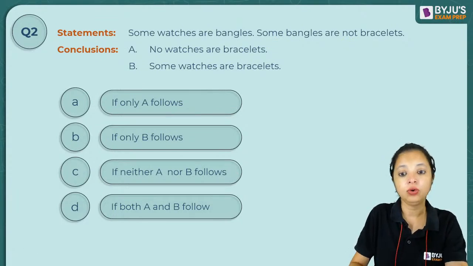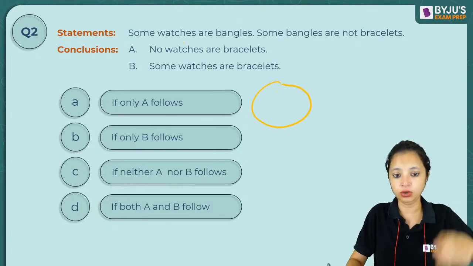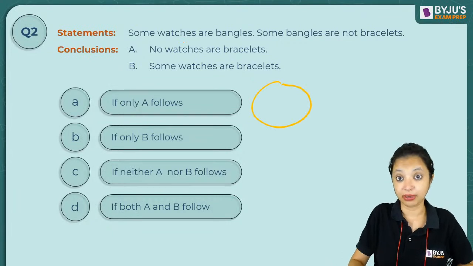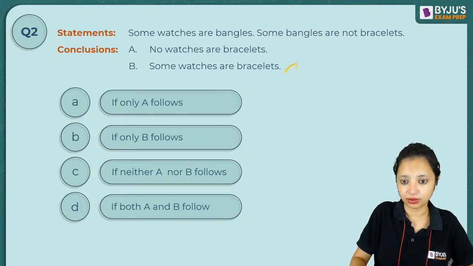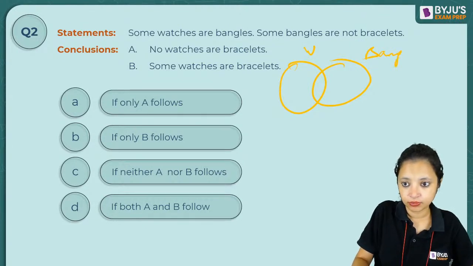Okay. Now let's try to find the answer here. Some watches are bangles. Some bangles are not bracelets. Look at this carefully. This is bangles. Some bangles are not bracelets.